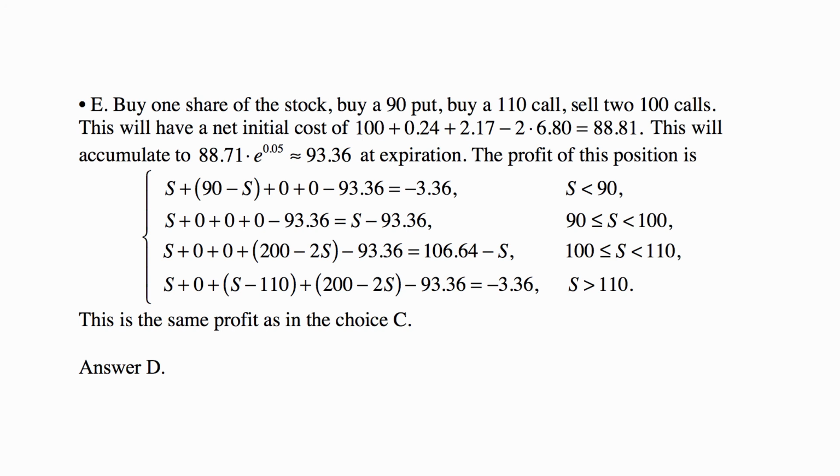And then S plus S minus 110 plus 200 minus 2S minus 93.36. That ends up being a constant negative 3.36 for S more than 110. This is the same profit as in the choice C, which matches the graph again. So the answer choice is D.